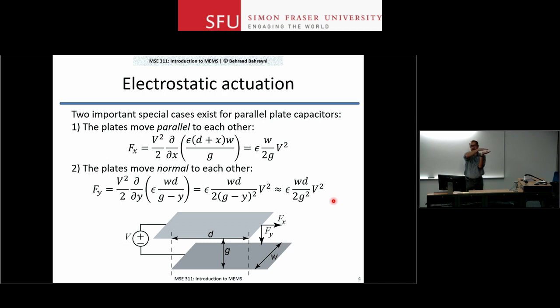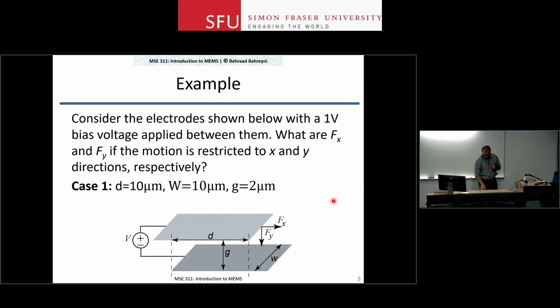So this is very, very sensitive to changes in gap. Okay? And again, we'll see how that can help us. In both situations, the relationship between the force and voltage is nonlinear. The force is always proportional to V squared. So let's go through a quick example here to see what kind of numbers we're talking about here, right?